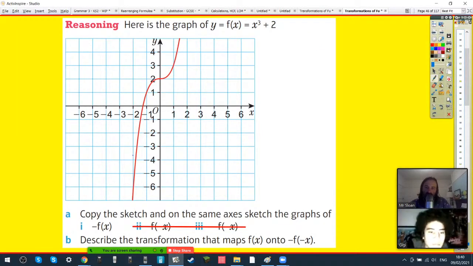All right, how about this one? 0, 2 would become 0, minus 2. Yeah. And 3, 1 would become minus 3, minus 1. Yeah.